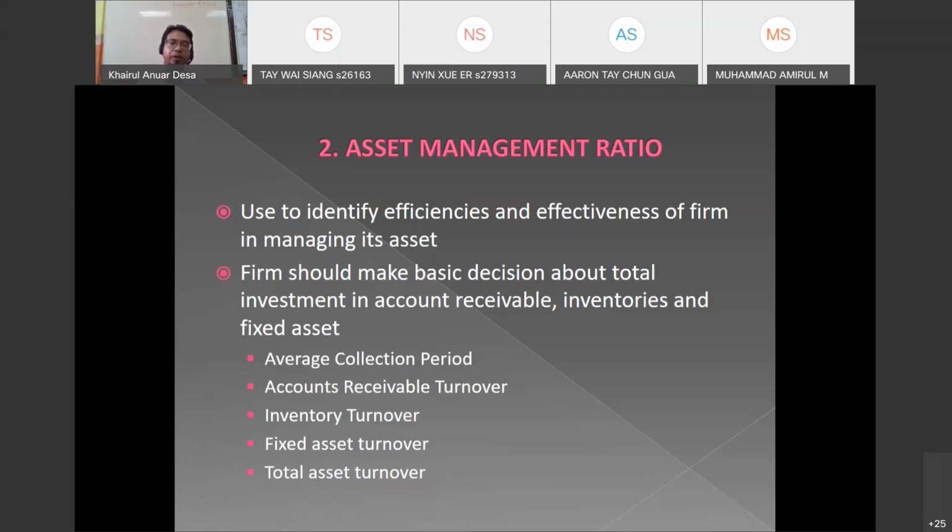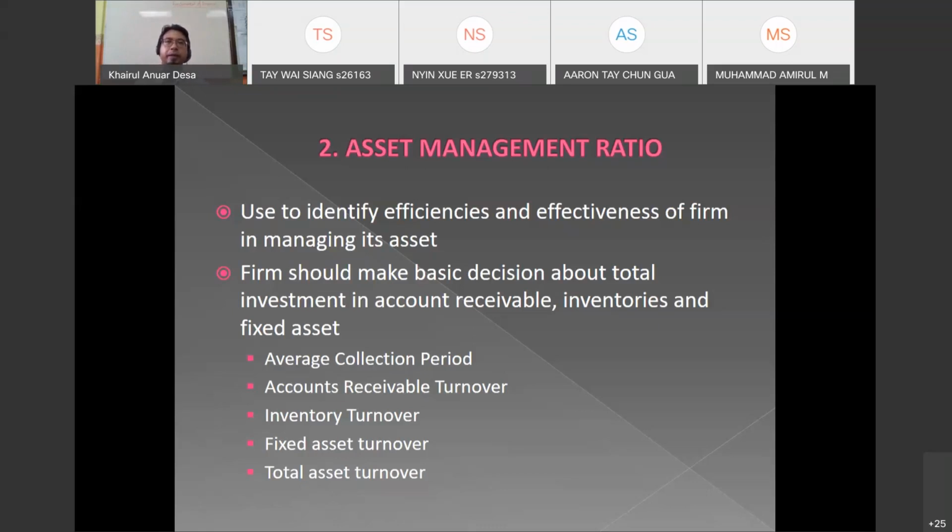Okay, there are two measurements used in liquidity ratio. Number one is the current ratio, and the second one is the quick ratio. We want to test how fast or how quick we can convert the current asset into cash.